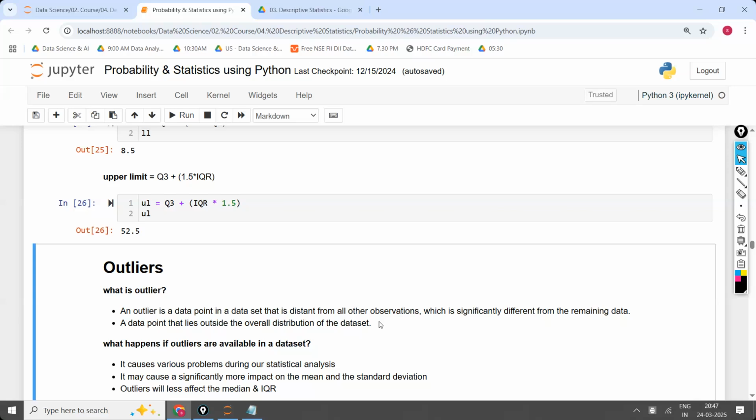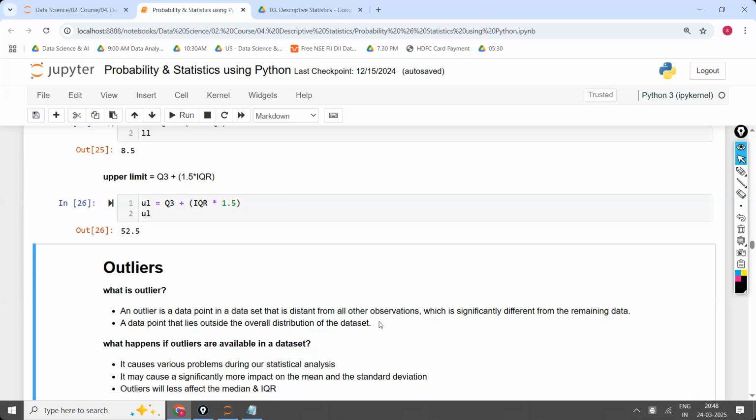Like other old age people, in the same way he has joined. Now, the remaining old age people are aged 61, 65, 70, 76, 77 like this. His age is 25. Now, is this person considered an outlier or not?